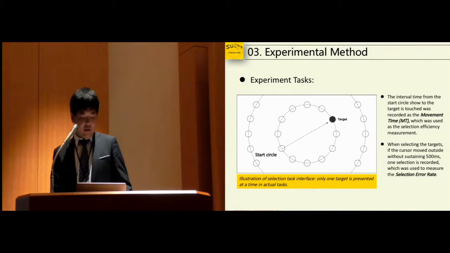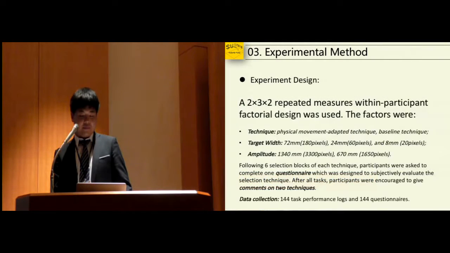No more than one selection error is recorded in each selection trial. There are two quantitative metrics in this study: movement time, which refers to the interval from the target showing to the target being touched by the cursor, and selection error time for each target location.